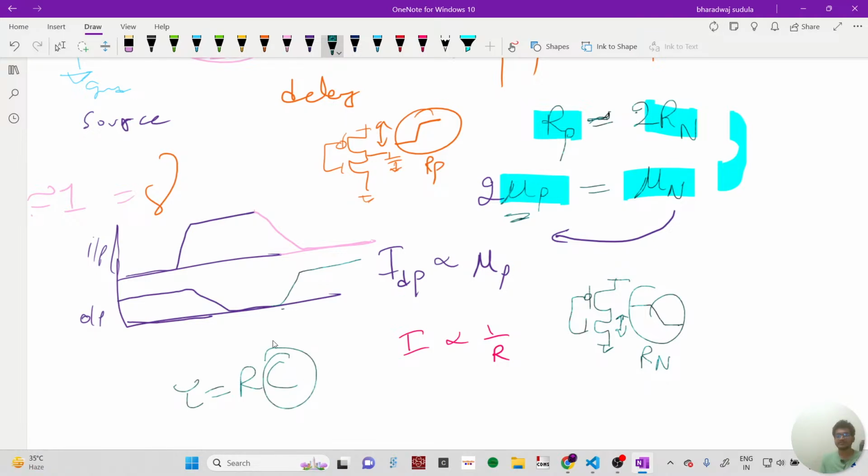C is constant for this transition from low to high and this transition from high to low. The drain capacitance is always constant and wouldn't change in these two transitions. R is the culprit that changes. In one transition it is Rp, and in the other it is Rn.